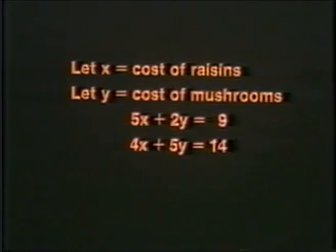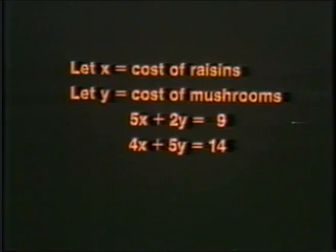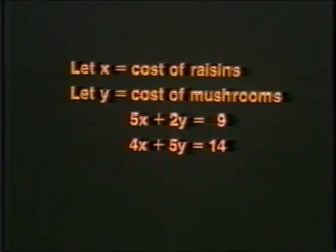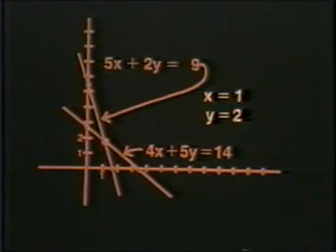It doesn't really matter what letters I use for the cost of raisins and the cost of mushrooms, as long as I'm perfectly consistent. To make it simple, I stay with x and y, and I translate into the two equations, find my points, and plot the two graphs like this.